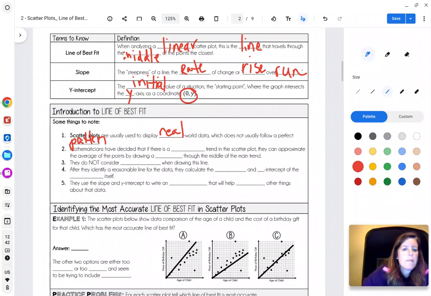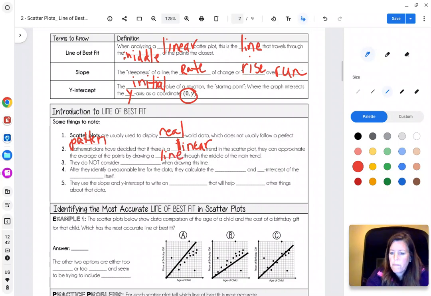All right. And then mathematicians have decided that if there is a linear trend in a scatter plot, so kind of going up together, they can approximate the average of the points by drawing a line through the middle of the main trend.